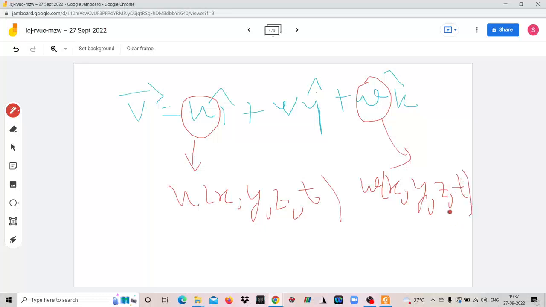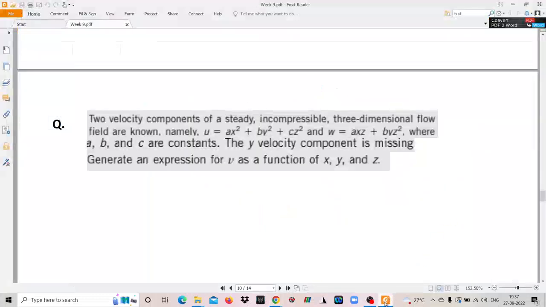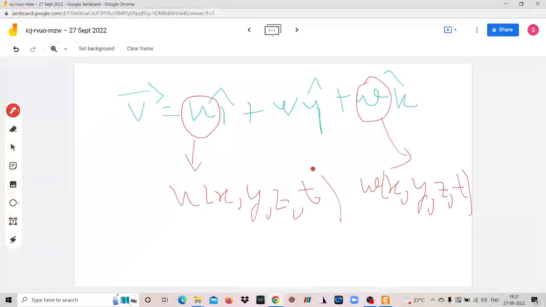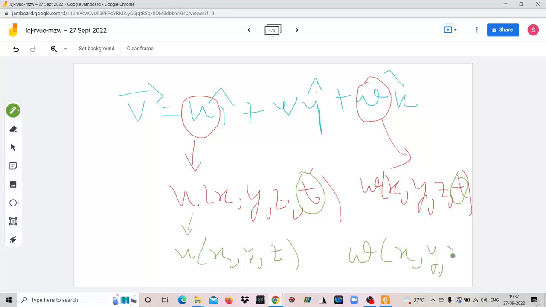But in the question it is given that the flow is steady. If it is steady, there is no dependency of these velocity components on time. So finally we can write that u is a function of x, y, z, and similarly w is a function of x, y and z.